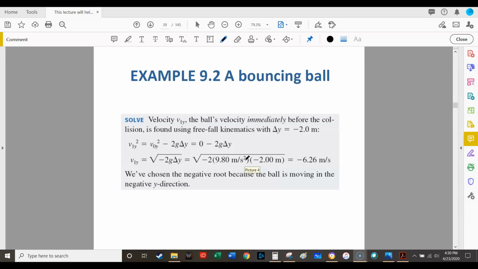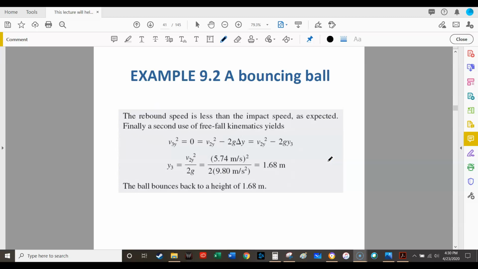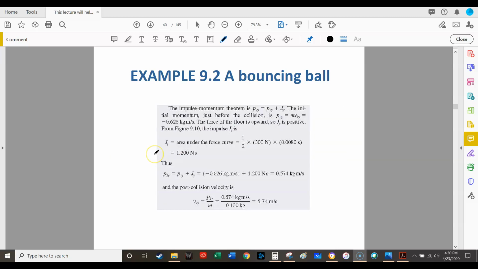So it dropped down, and they found out it also was negative 6.26 meters per second. Okay. And so what they're saying is using that, when they did what we did math-wise, they found out the velocity leaving after the impact would be 5.74 meters per second, okay.